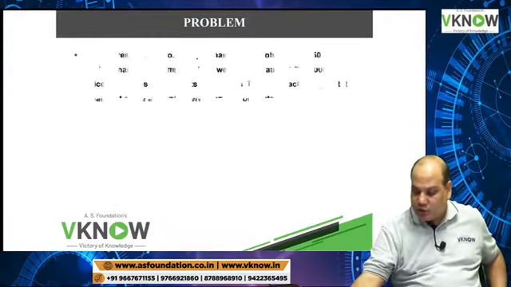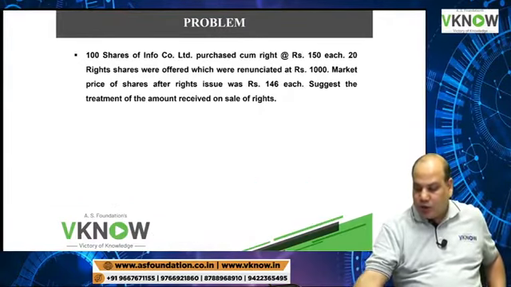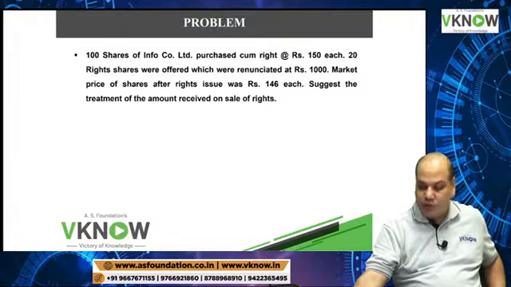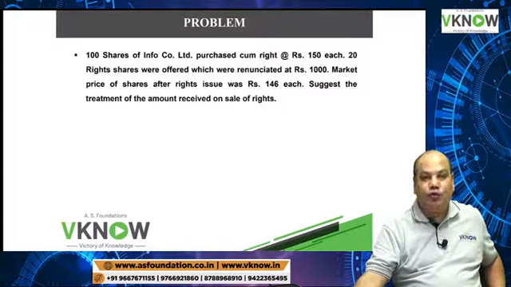A similar question is given below. 100 shares of Info Company Limited purchased cum-right at rupees 150 each. 20 right shares were offered, which were renounced at rupees 1000. Market value after right issue is 146 now.